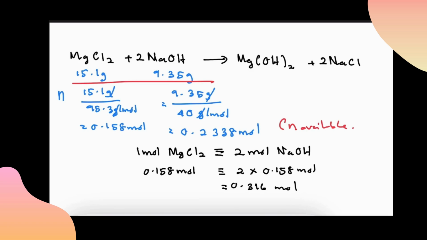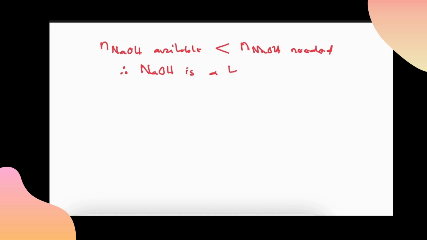So this is considered as mole needed. If we compare, the number of mole sodium hydroxide available is less than mole needed. So we can write a statement: mole sodium hydroxide available is less than mole sodium hydroxide needed. Therefore, sodium hydroxide is the limiting reactant.